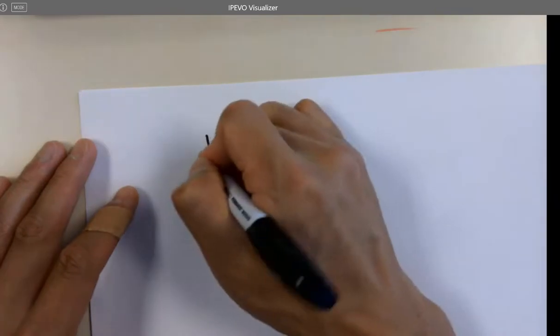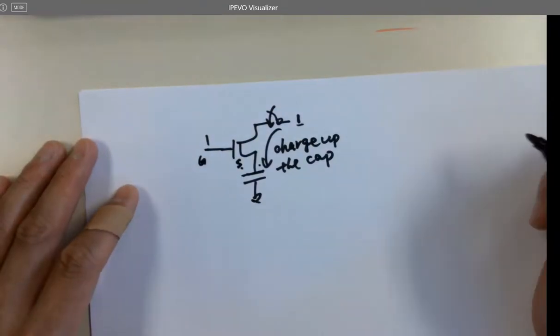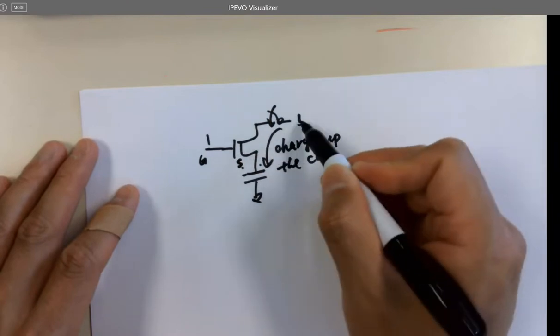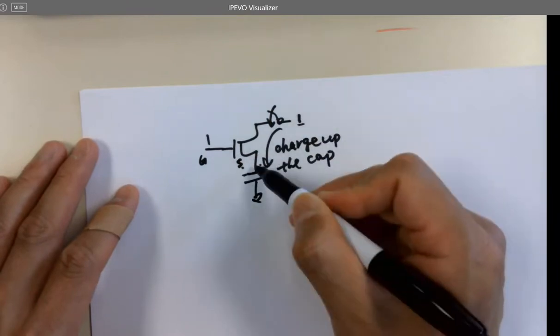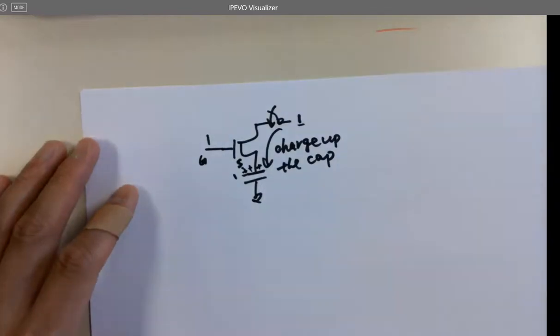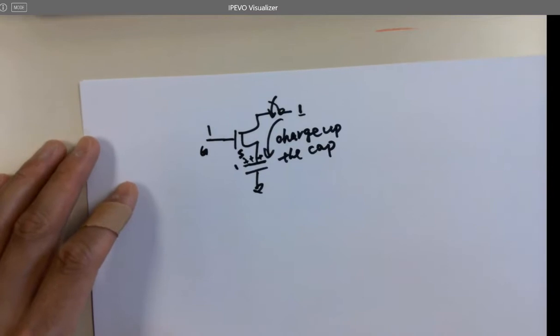So keep in mind, here's G, here's S, right? For example, say this NMOS can pass the entire 1 to here, so it's fully charged to 1. What is VGS? I'm asking a really simple question.